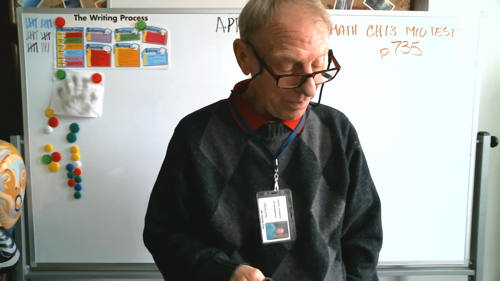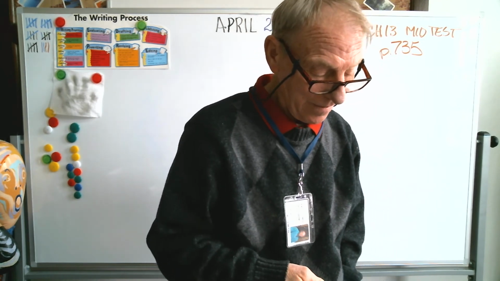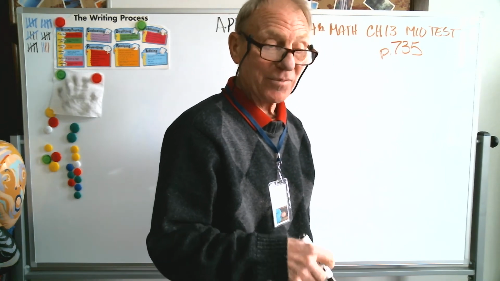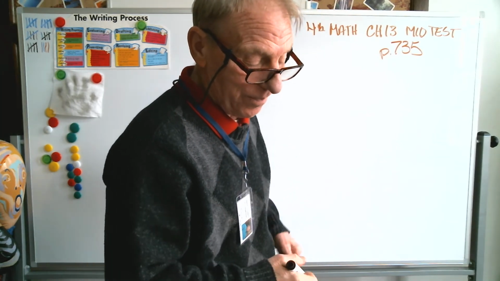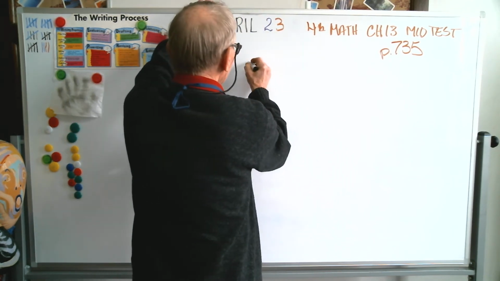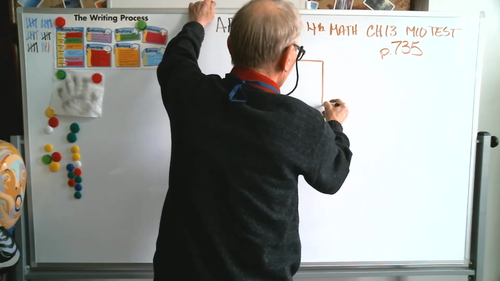Now, we'll just pick one at random here, figure C, and solve that one and see if it comes to 40. And if it doesn't, then you'll at least know that C is not the correct answer.